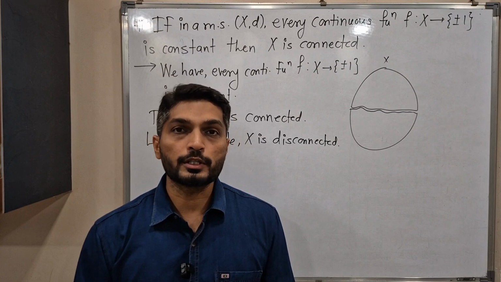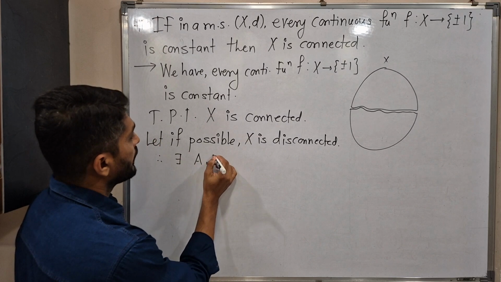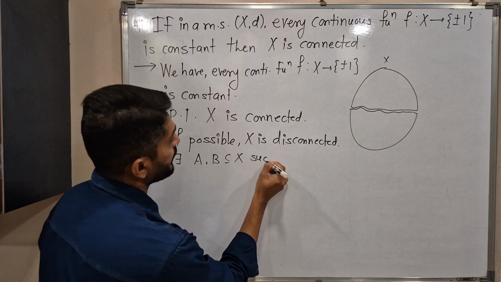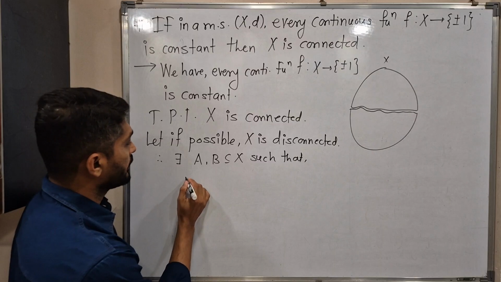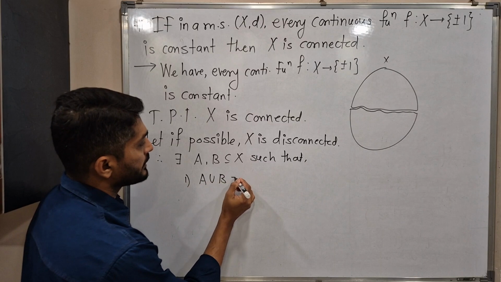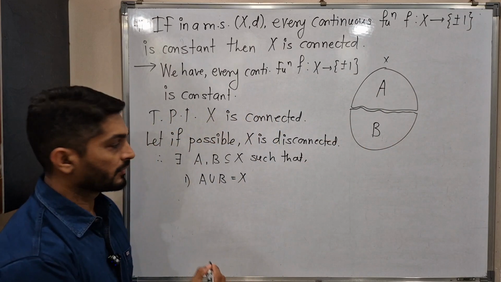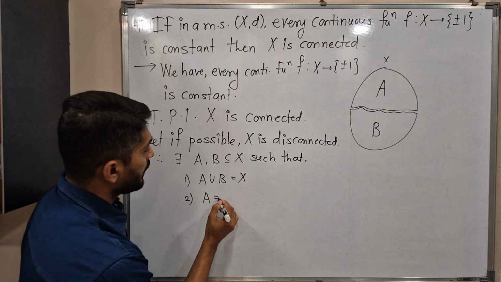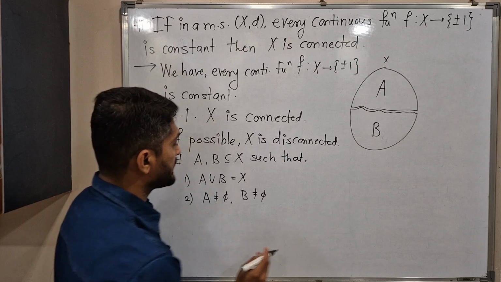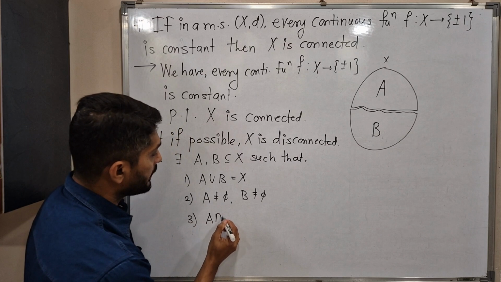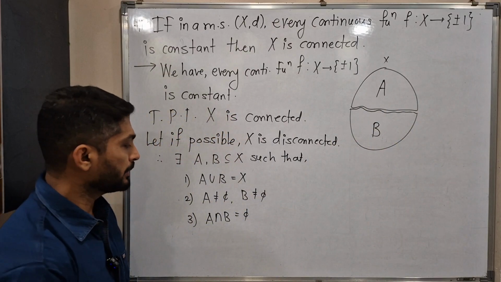One of the definitions I'm going to use here: X is disconnected, therefore there exist A and B subsets of X such that, first, their union is X. As you can see in this diagram, this is A and this is B. Second, A and B are non-empty; there are some elements in A and some elements in B. Third, A intersection B is equal to phi. Both sets are disjoint; there is nothing common between A and B.